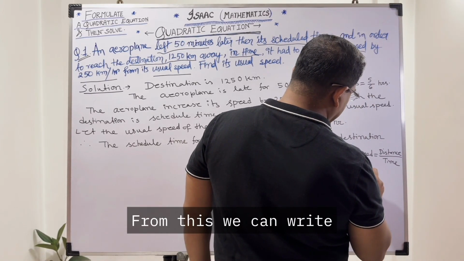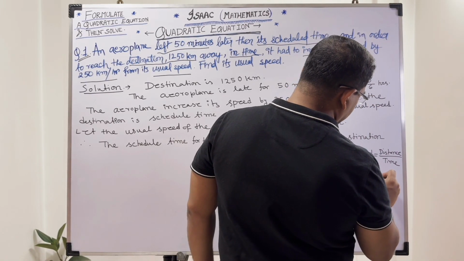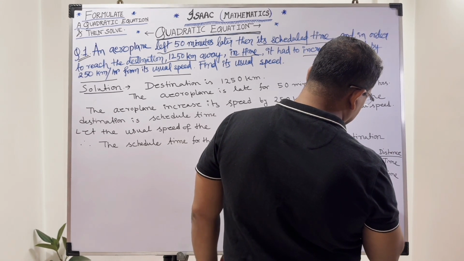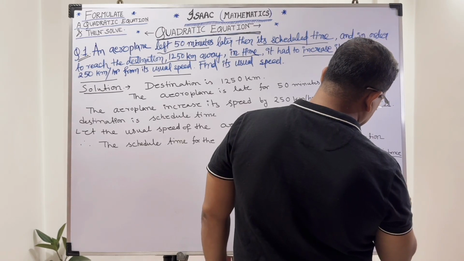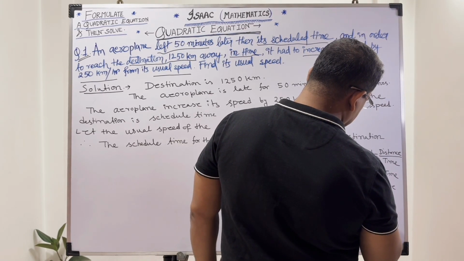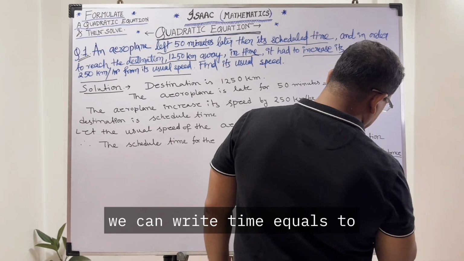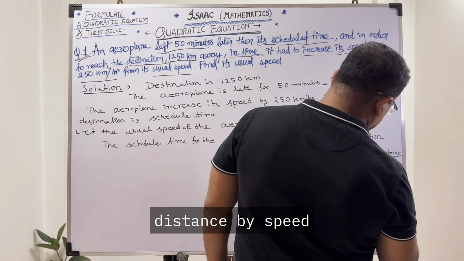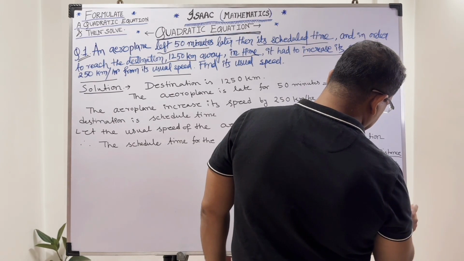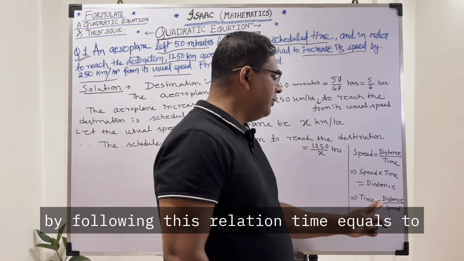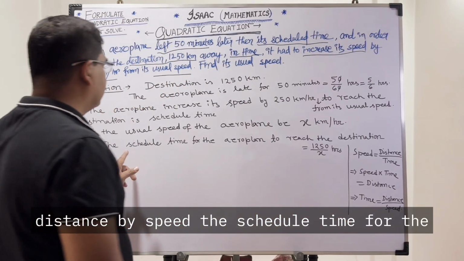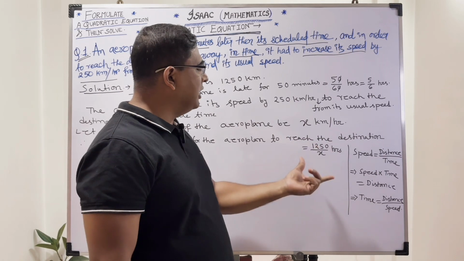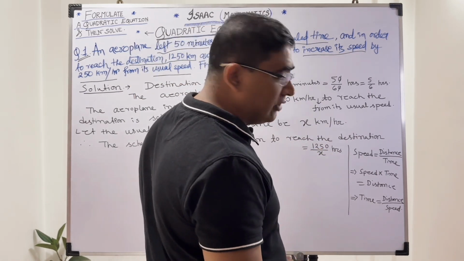From this we can write speed into time equals to distance, and from this we can write time equals to distance by speed. By following this relation, the schedule time for the aeroplane to reach the destination, that is 1250 kilometer, is 1250 by x hours.